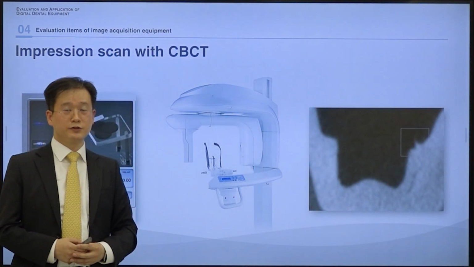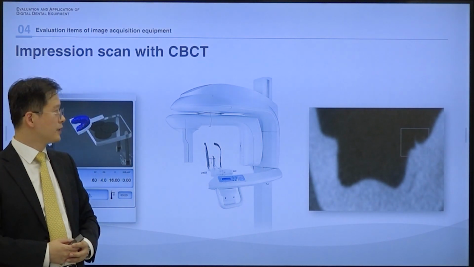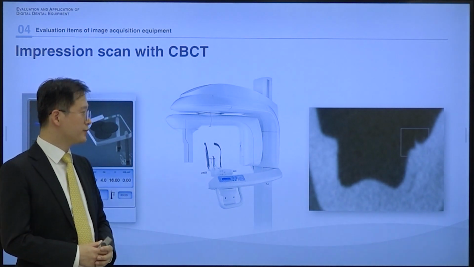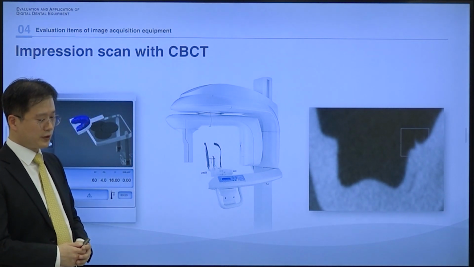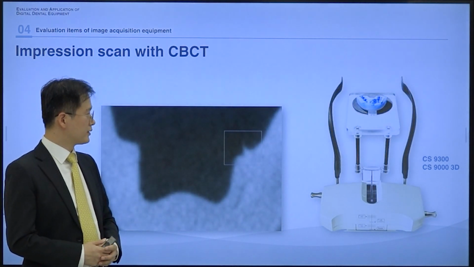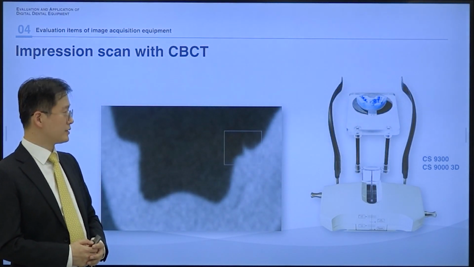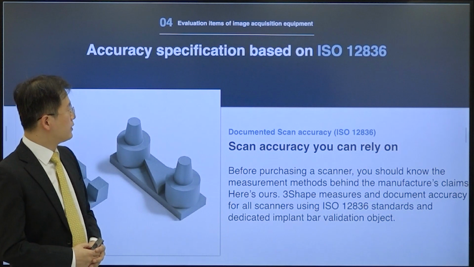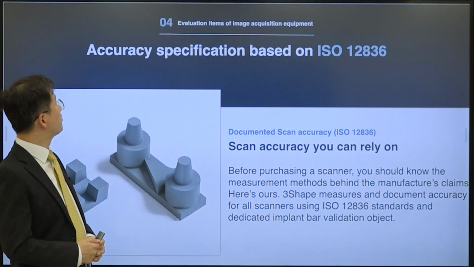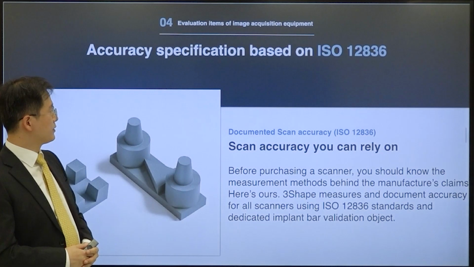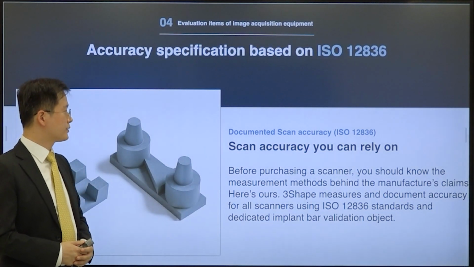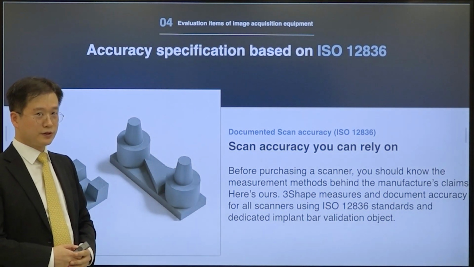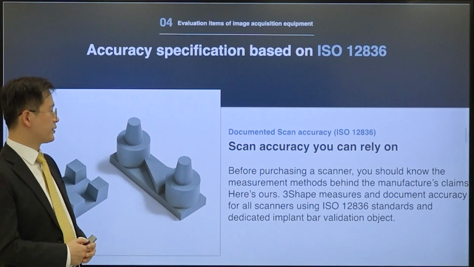Recently, many manufacturers are introducing ways to get digital model data from CBCT, so I will explain about this trend done by radiographic devices. And when considering the desktop model scanner, there is an ISO standard on the accuracy of these devices. So I can explain about this.